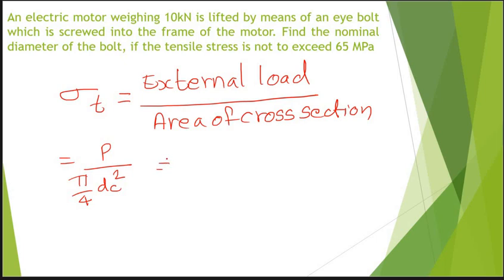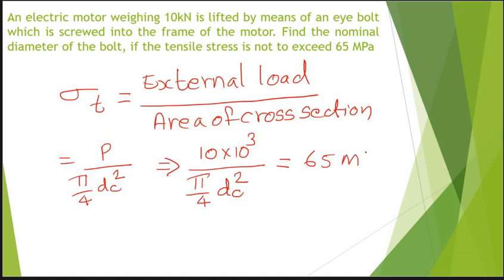Which implies 10 into 10 raised to 3 divided by pi by 4 dc square. We are using only one eye bolt, so the value of n is 1, and this is equal to sigma T. The allowable tensile stress is 65 megapascal.